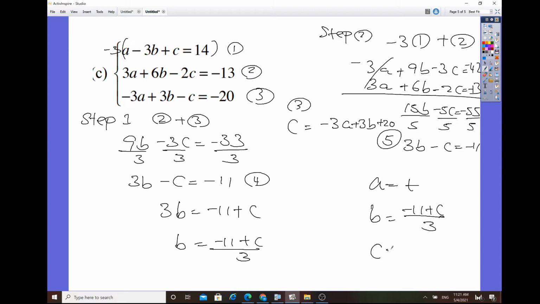Again, a is just t, the new parameter, so negative 3t plus 3b plus 20. Nothing more we can do; we can just use substitution to find the relationship between one variable and another variable.